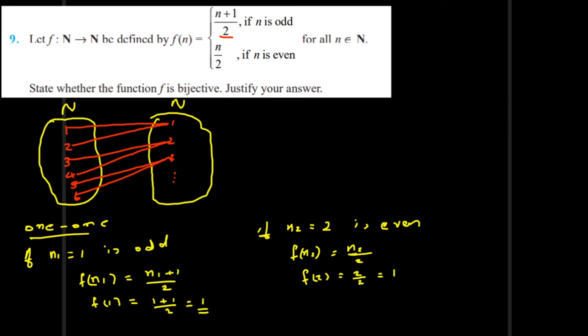That also maps to 1. Therefore you can write f of n1 equals f of n2. This implies f of 1 equals f of 2.